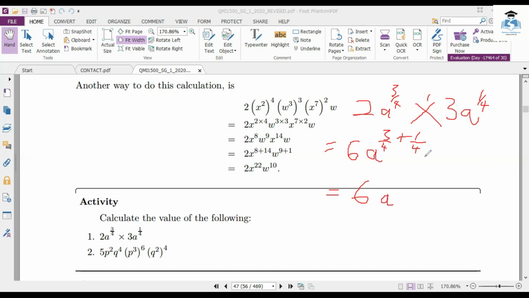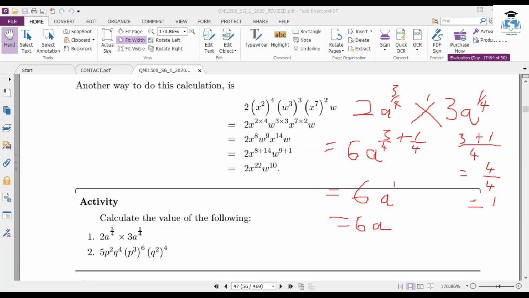Then we take the lowest common denominator, which is 4. 3 plus 1 is 4, and 4 over 4 is 1. Then the answer will be 6a to the power 1. Yeah, that's it.